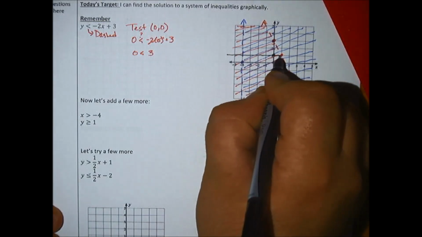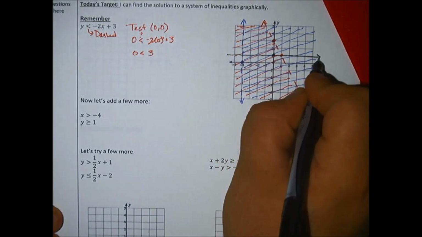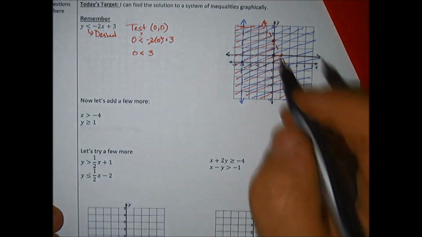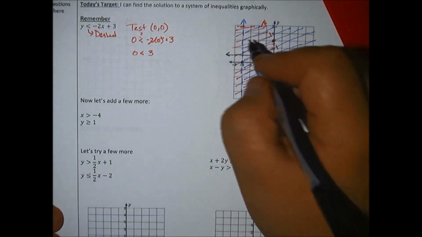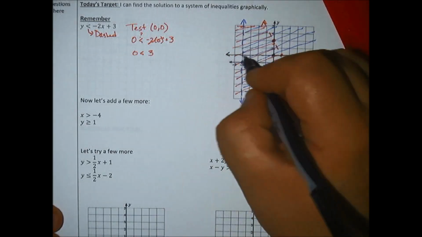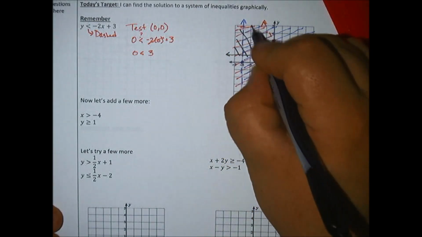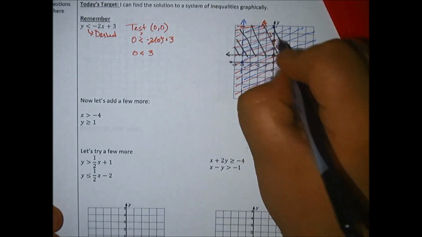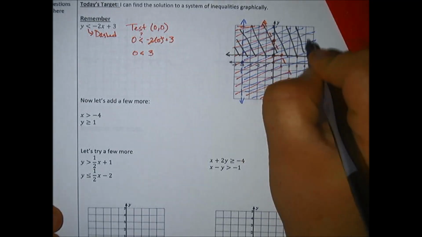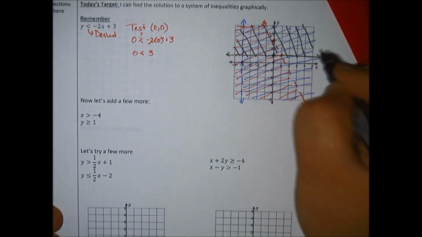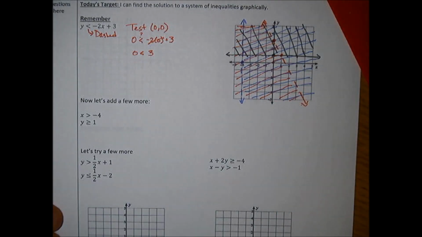It's a solid line, and I need the ones that are bigger than that, so they all live up above here. Let's try to shade that in. We have such a mess going on here, but it's okay. I'm going to teach you a way later that makes it less messy.